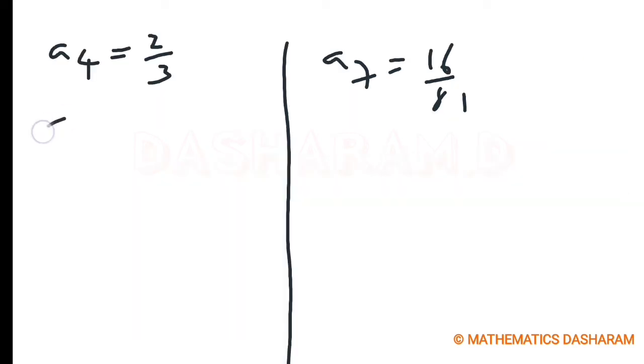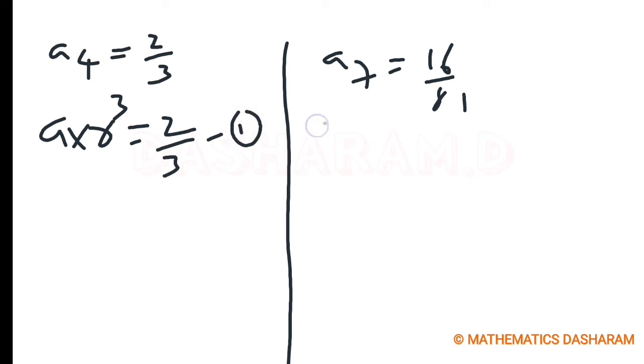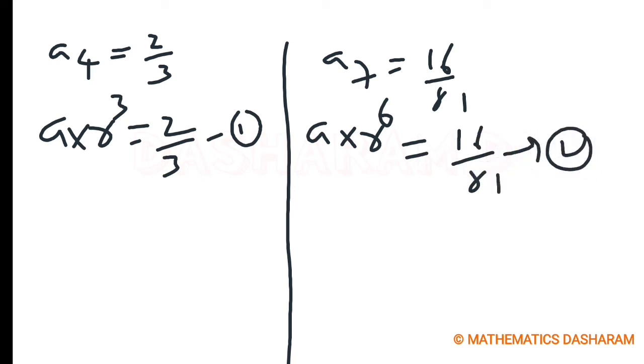So let's find the A and R values from these two conditions. Here A4, which is A into R cube, equals 2 by 3, equation 1. Next, A7 means A into r to the power of 6 equals 16 by 81, equation 2. Now to find the A and R values, don't do addition or subtraction of the equations, do division.